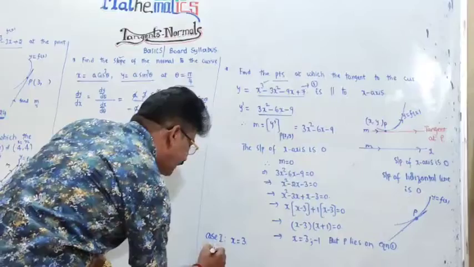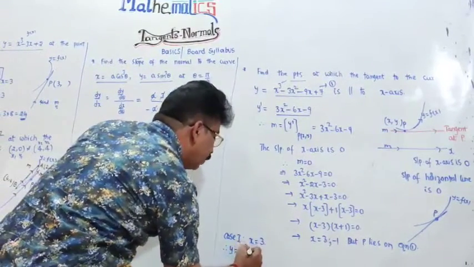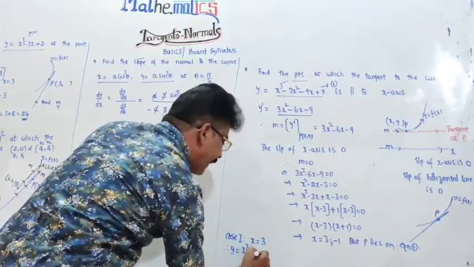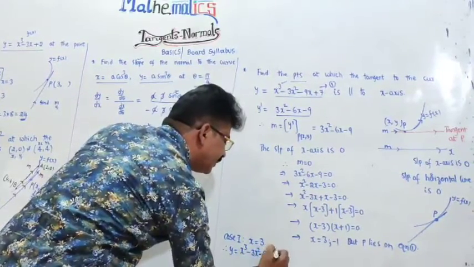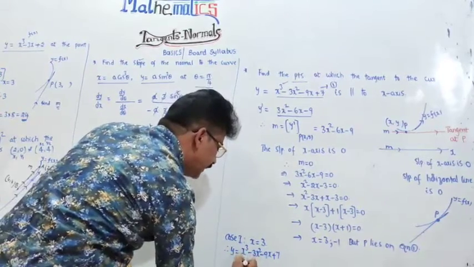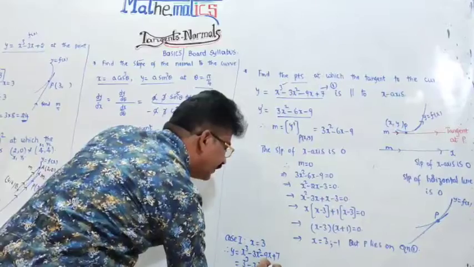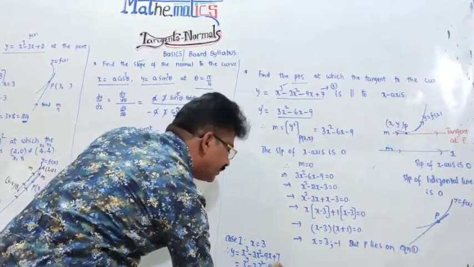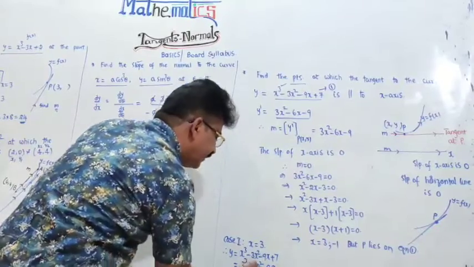So in this case, y is equal to, the given curve is x cubed minus 3x square minus 9x plus 7. That is equal to 3 cubed minus 3 into 3 square minus 9 into 3 plus 7. That is equal to, it is 27.